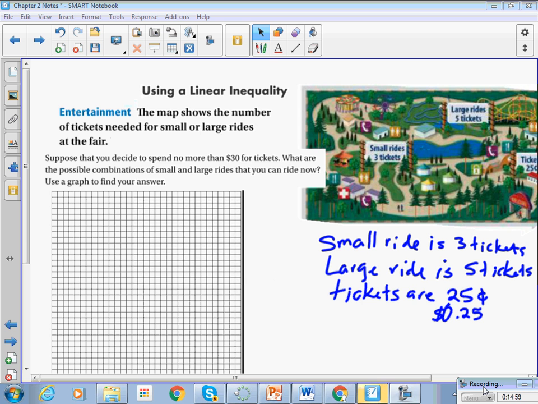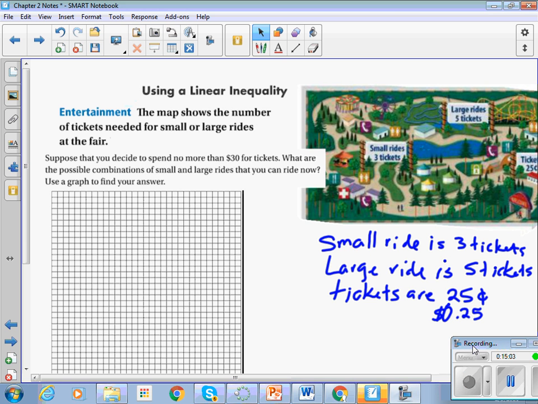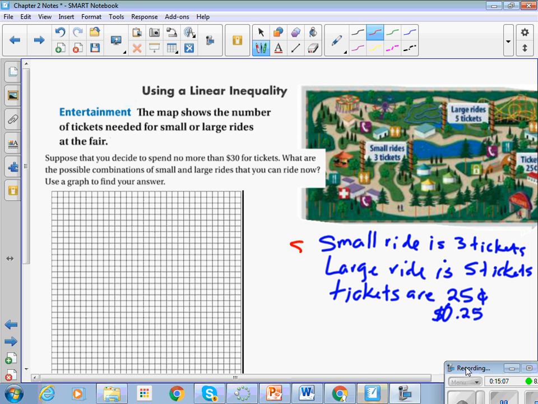Okay, so small ride is S, large ride is L, and tickets are 25 cents.